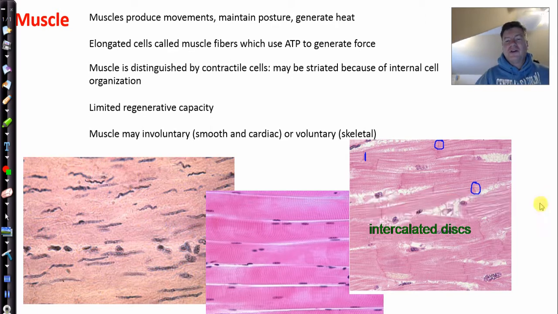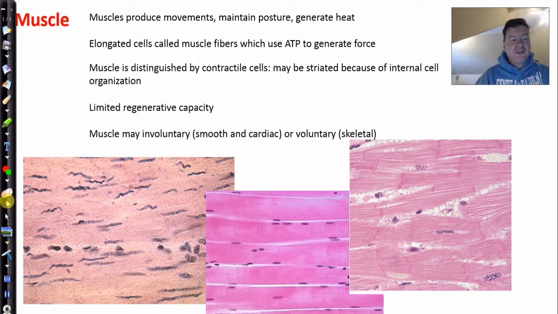These are areas where the cells sort of knit together. There are some special reinforcing regions of these cells. There are also some gap junctions, so ions flow back and forth between them, and that allows a coordination of contraction, especially important for the heart muscle.